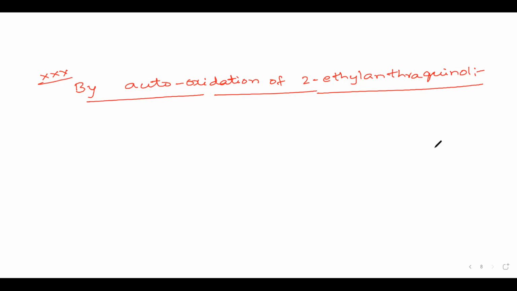So this process involves a cycle of reactions. You can see here 2-ethyl anthraquinol. This is a big structure. Let us see the structure now. Three benzene rings are fused together.